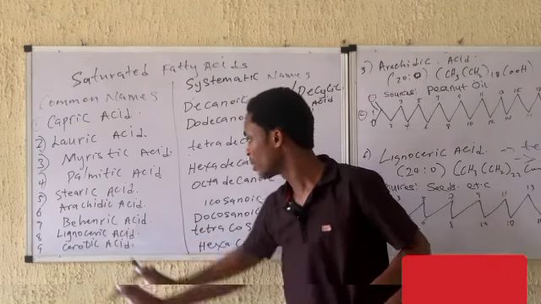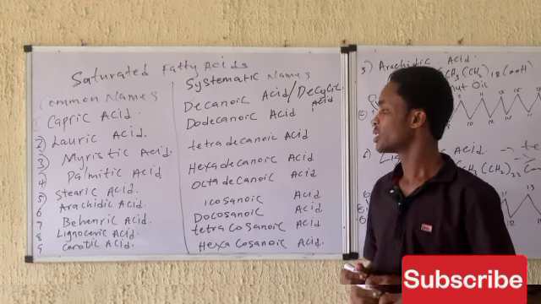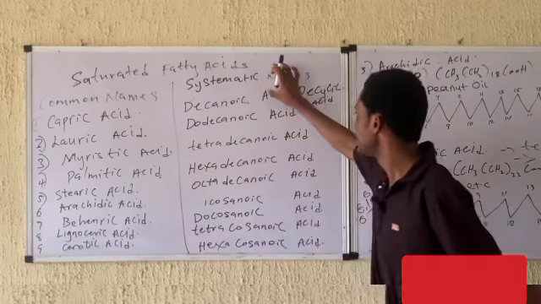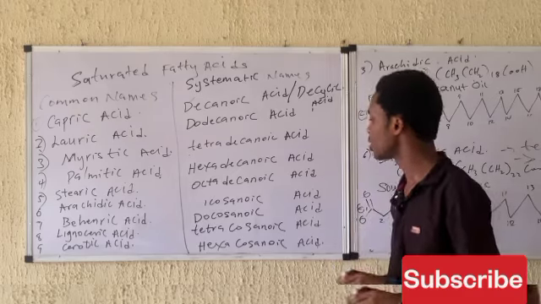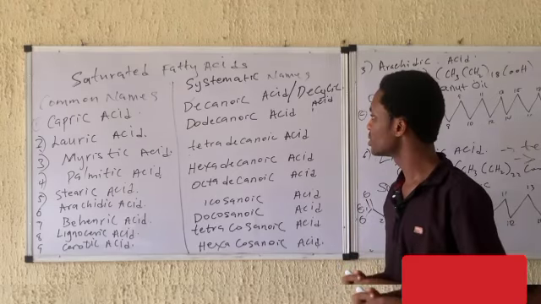The last in the series is cerotic acid, being the common name, while the systematic or IUPAC name is hexacosanoic acid. So this is it for this video.